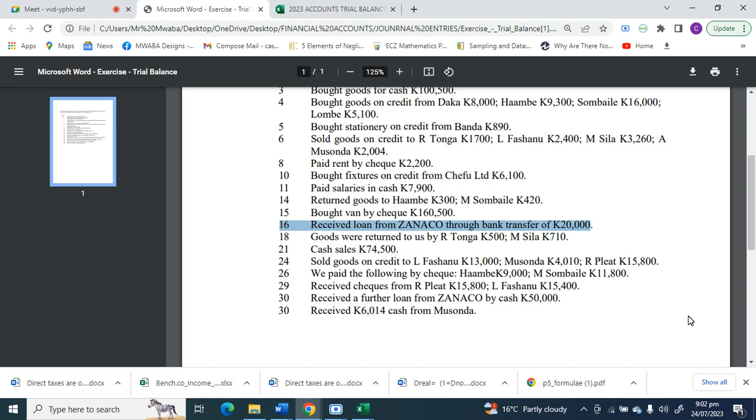What are we crediting? Yes, Zanaco and our bank account.